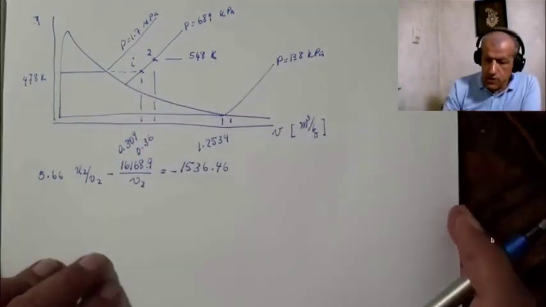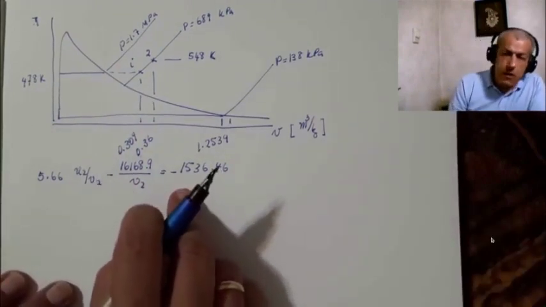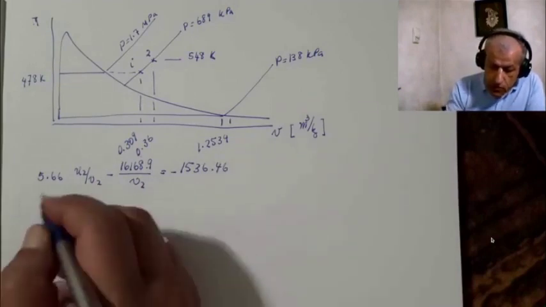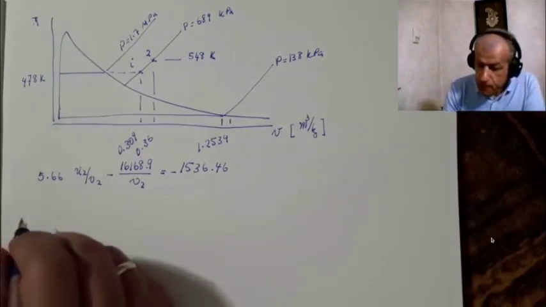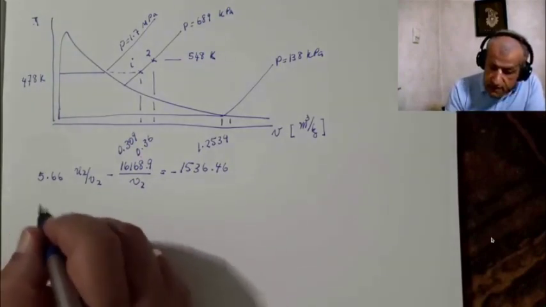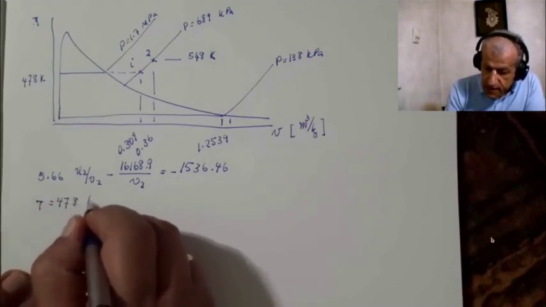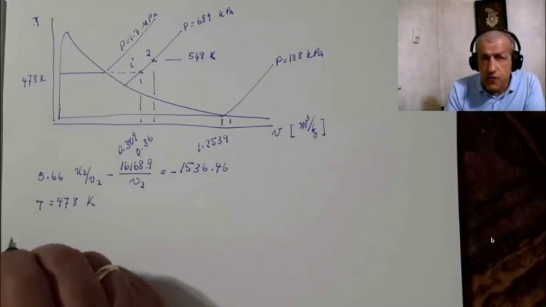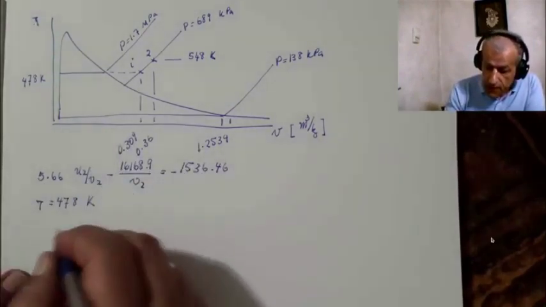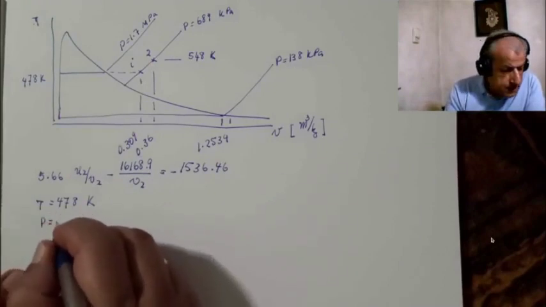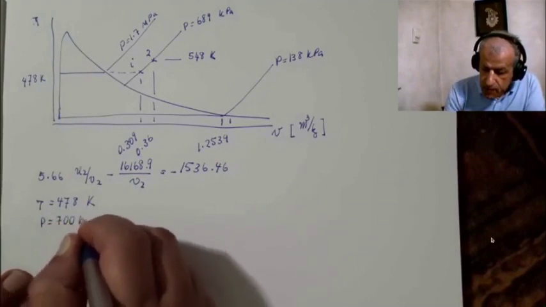What we do is this is our equation, this is also rewritten it. And what we do is to say, well, if our temperature is 478 Kelvin, T equals 478 Kelvin, we try a few pressures. Say after 689, we try P equals 700 kilopascals.